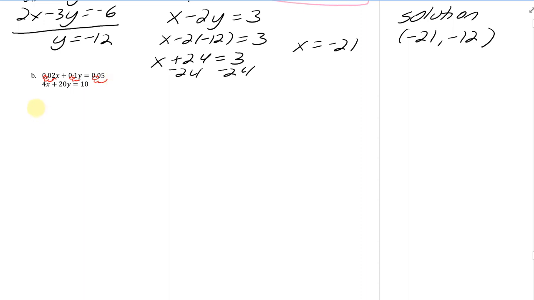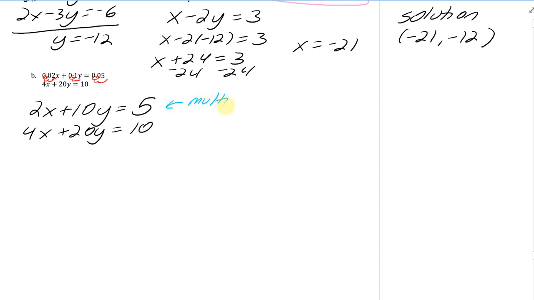So the top equation then will become 2x plus 10y equals 5. And then I've still got the bottom equation. Now I've got to multiply one of them by something. So I'll multiply the top equation by -2.